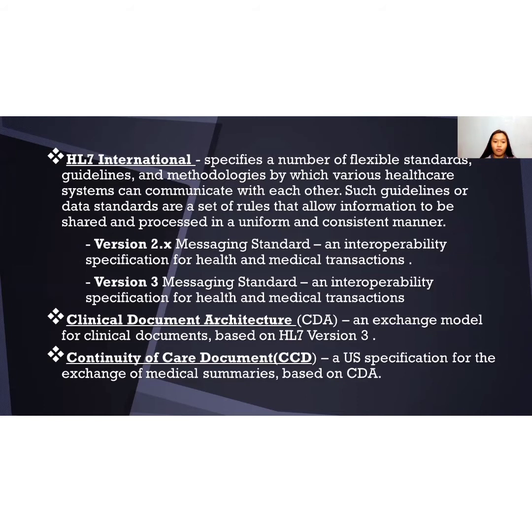So there are two versions of the messaging standard. Version 2 messaging standard, an interoperability specification for health and medical transactions. Version 3 messaging standard, an interoperability specification for health and medical transactions.